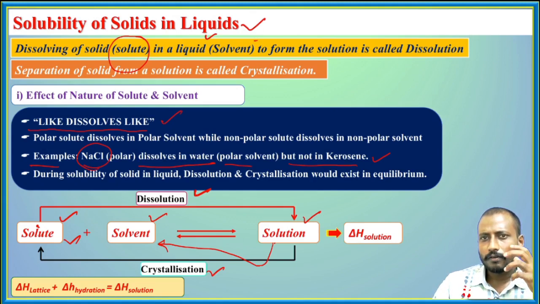Even before knowing this topic, I observed that whenever glucose is dissolved in water, the surface becomes cool, and I was unable to understand this concept. So these processes are associated with absorption or release of heat.